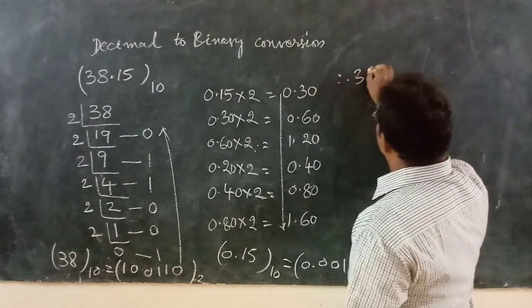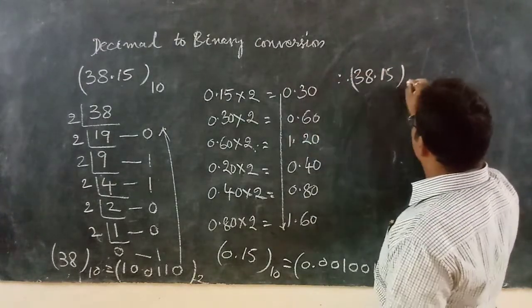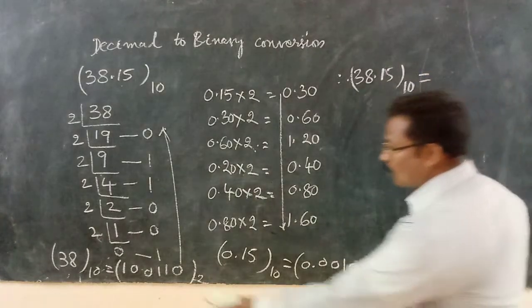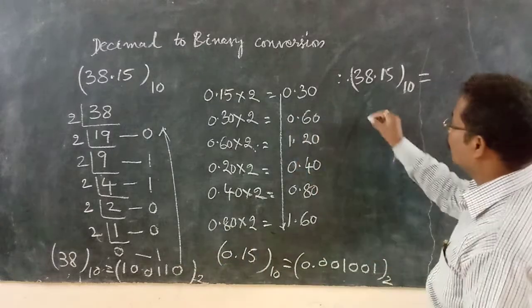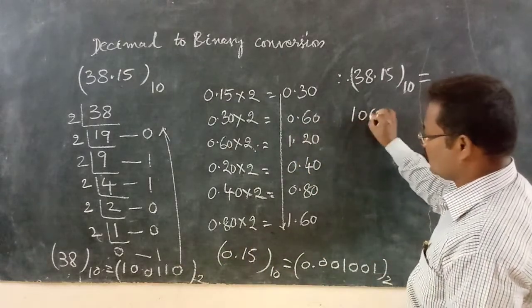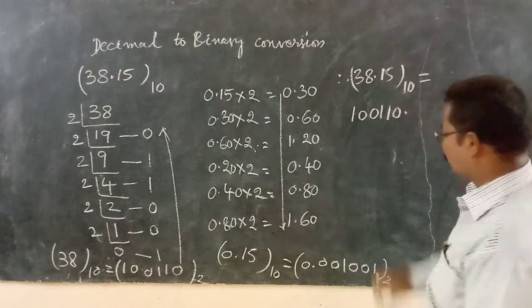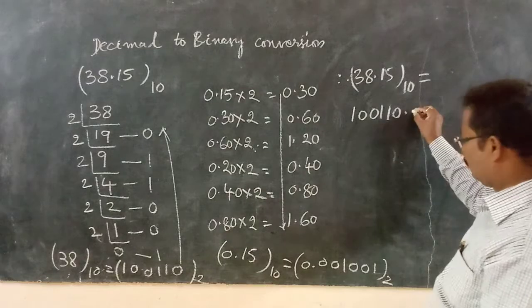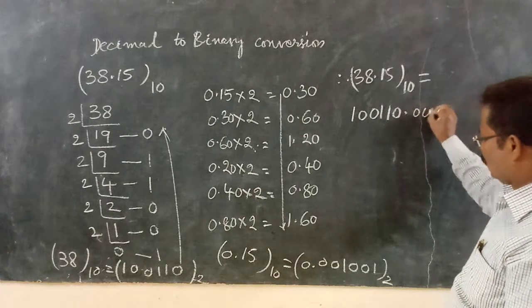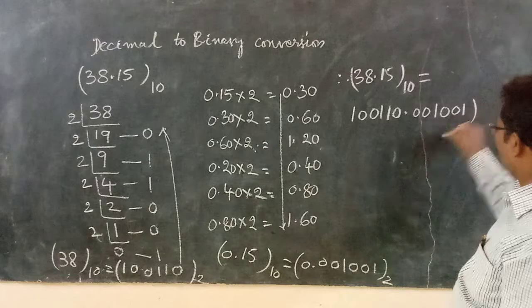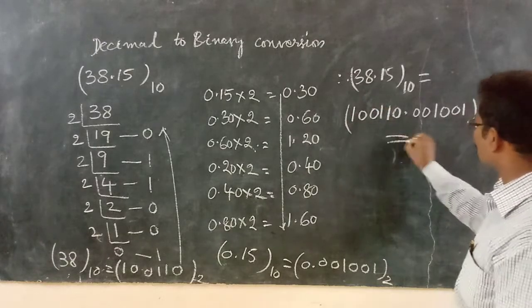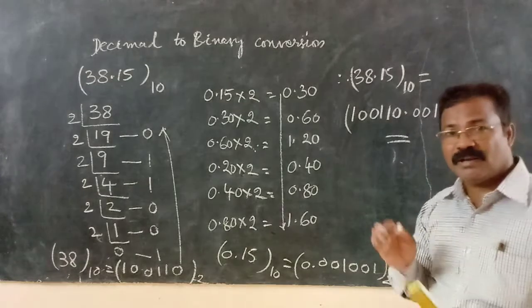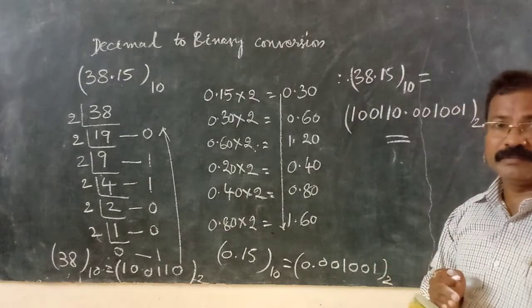Therefore 38.15 base 10 is equal to 100110 point 001001 base 2. That is the process of converting the decimal number into binary number.